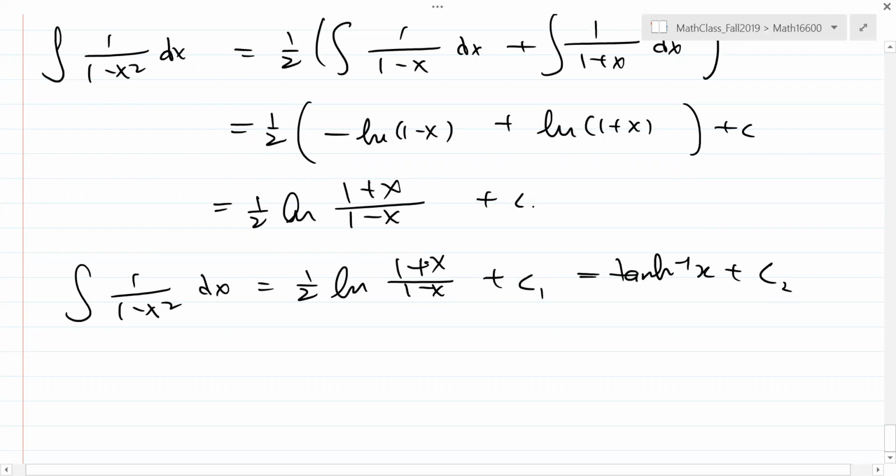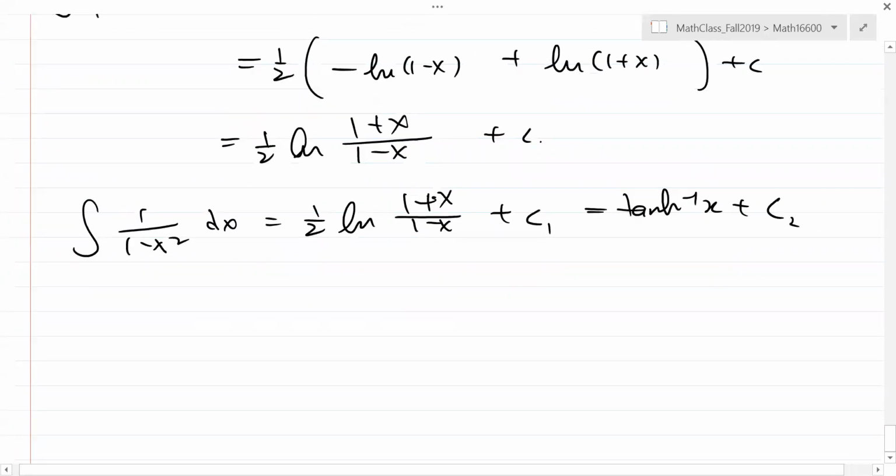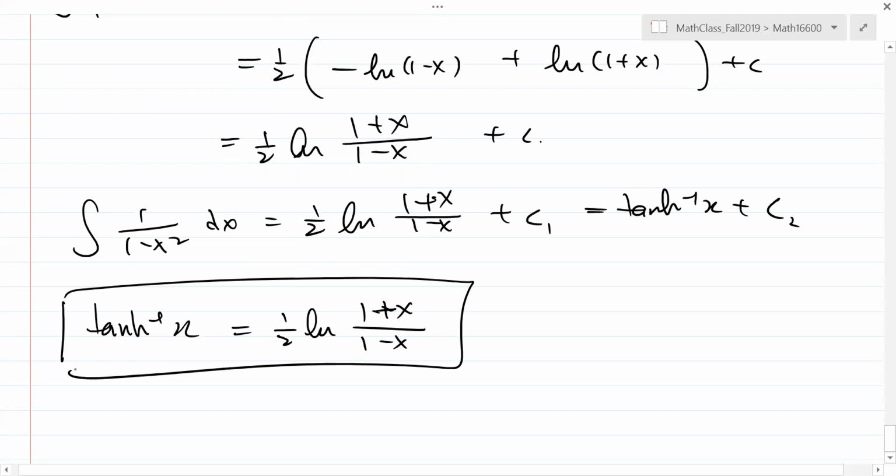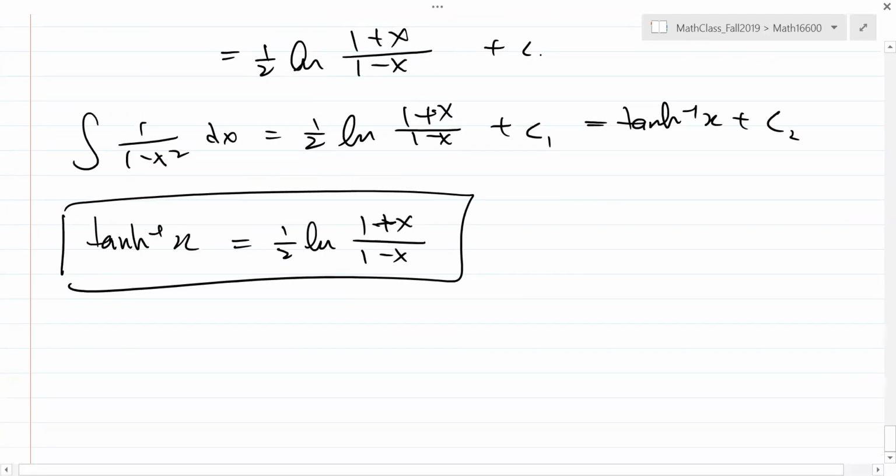Then you find out that inverse hyperbolic tangent x is just equal to half of the natural log of 1 plus x over 1 minus x. My claim is it is. They're all related. You can check when x equals 0, both sides equal 0, since the natural log of 1 is 0. So we used the derivative and we also end up with this formula.